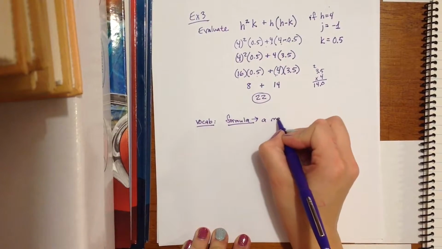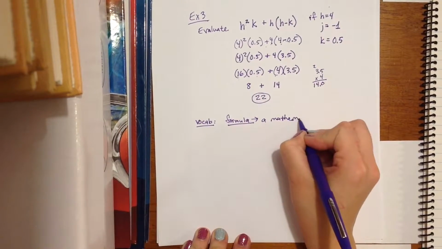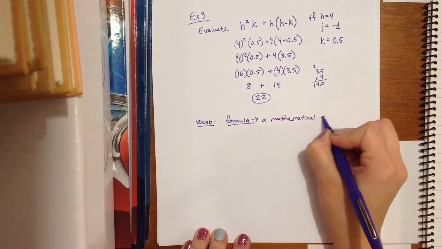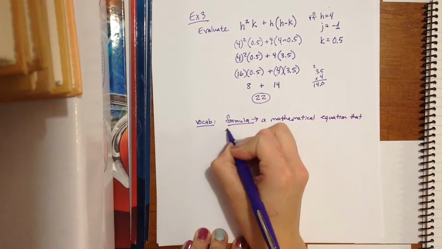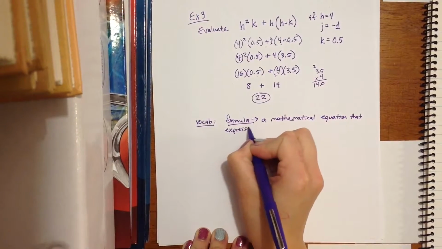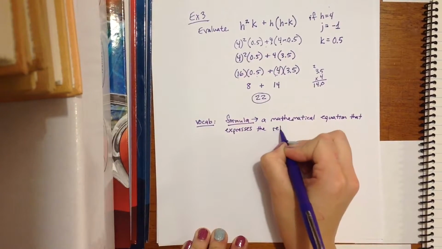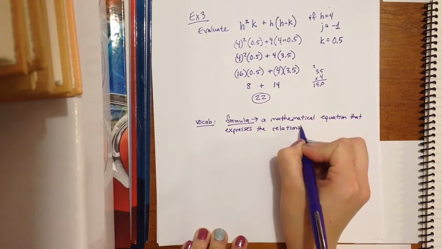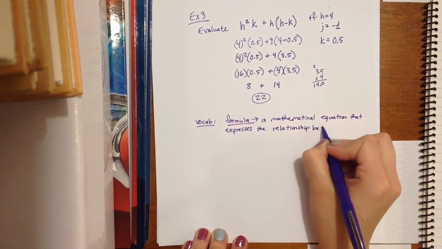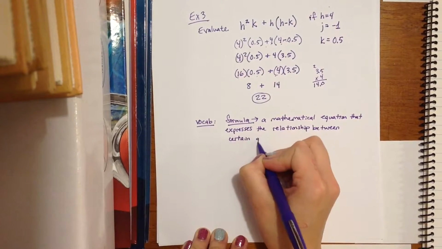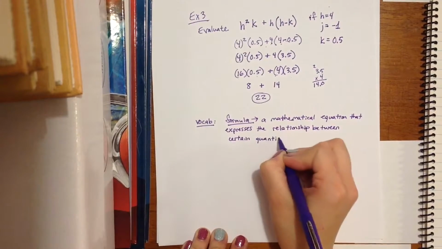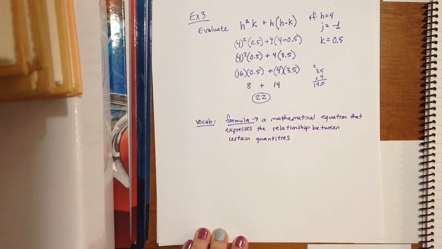This is a mathematical equation that expresses the relationship between certain quantities. These are used a lot in the sciences for real-life situations. And they work just like expressions. The order of operations still holds true.